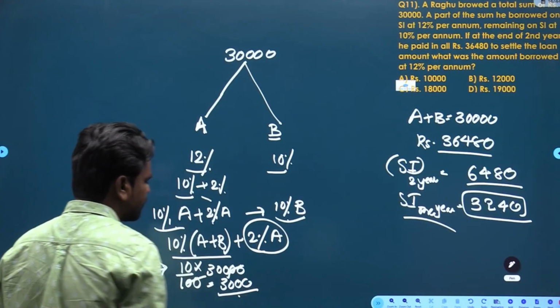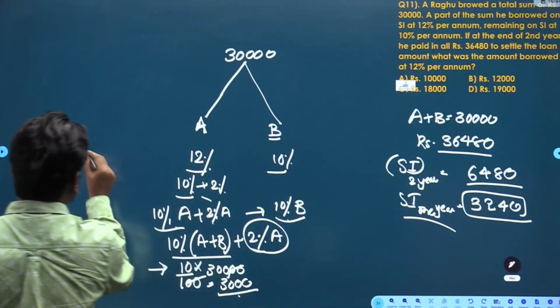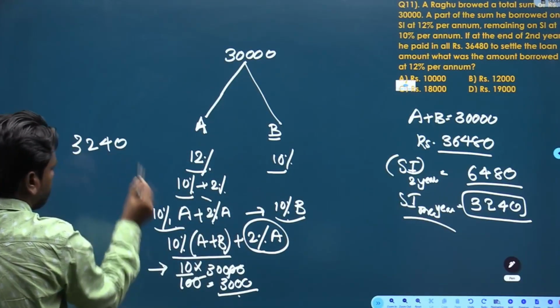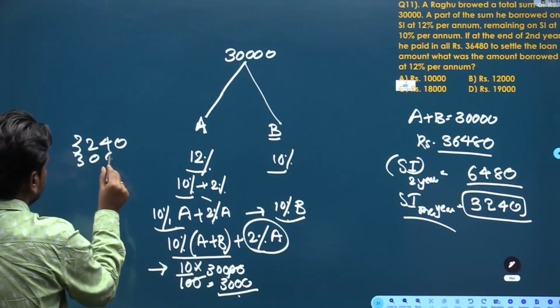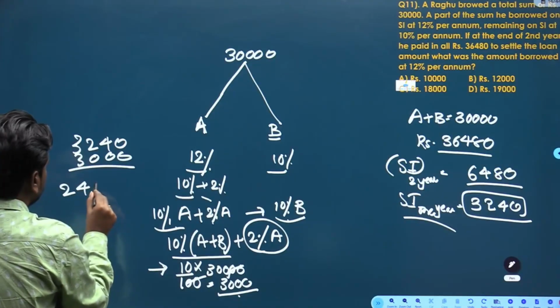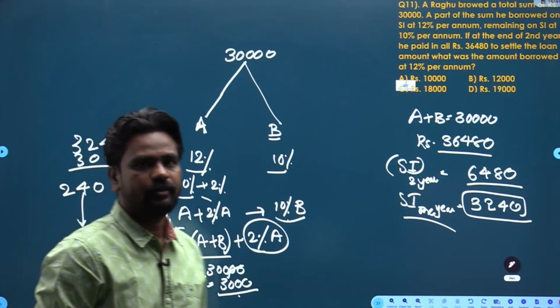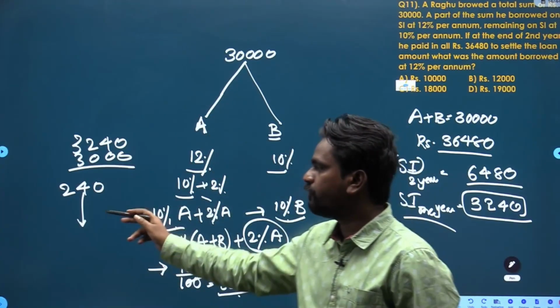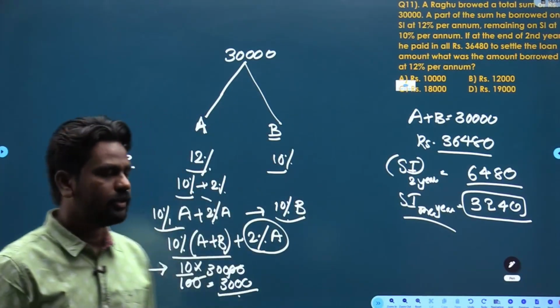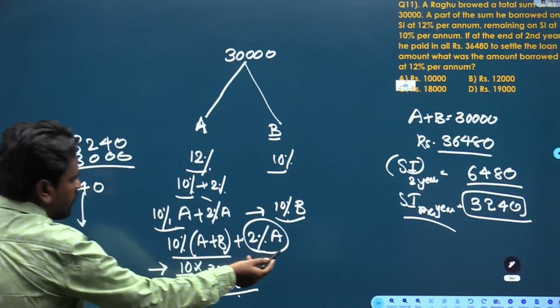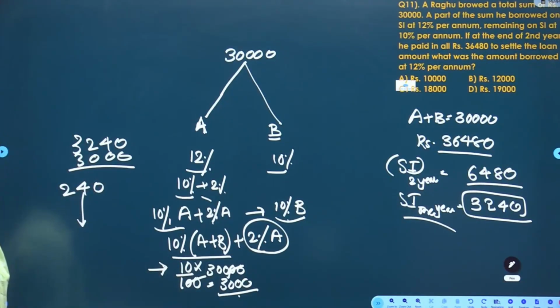The remaining 2% on A is 3,240 minus 3,000, which is 240 rupees. This 240 rupees is 2% of A, the simple interest on the borrowed A at the rate of 2%.